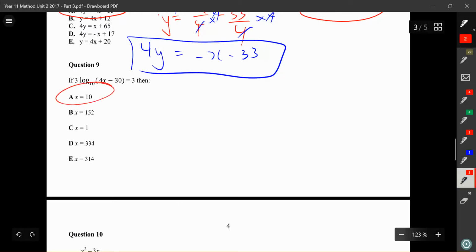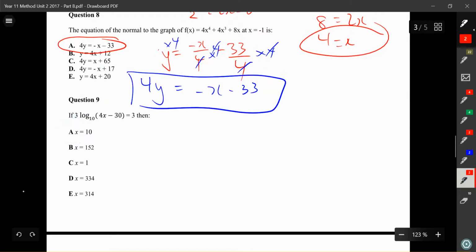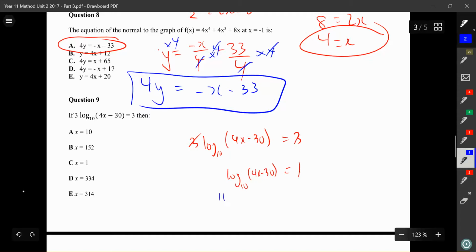I'm barely doing any mathematics right here. I'm just doing the CAS, aren't I? Yeah, you could have done it by hand too. You could have tried to do 3 log 10 of 4x minus 30 equals 3. Divide both sides by 3, which cancels out to be 1. Then you get log 10 of 4x minus 30 equals 1. Get rid of the log 10 by doing the exponential: 10 to the power of this, 10 to the power of that.